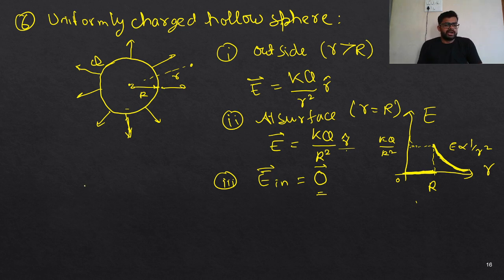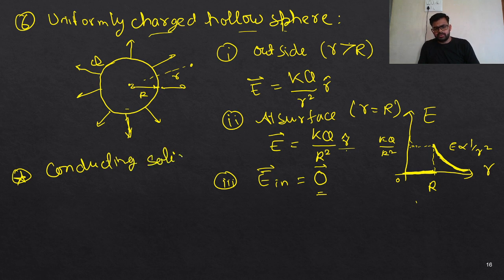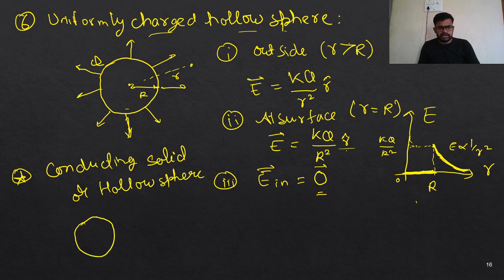Up to here I have talked about a uniformly charged hollow sphere. It may be conducting, it may be non-conducting. After that, one more thing I will talk about, that is a conducting solid or hollow sphere. So whenever there is a conducting solid or hollow sphere, what will happen?